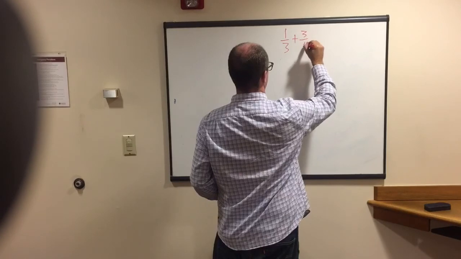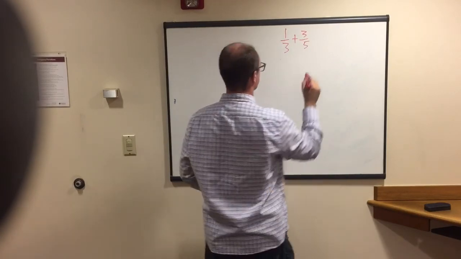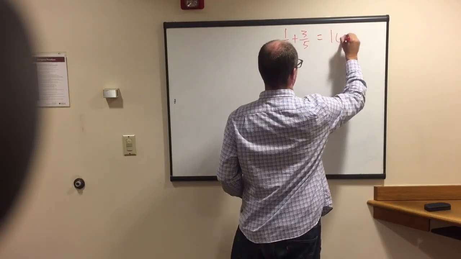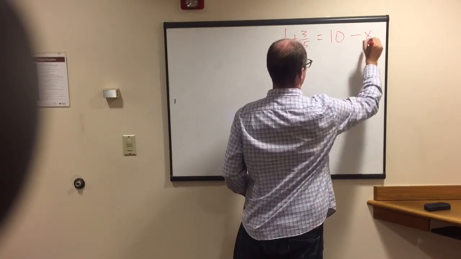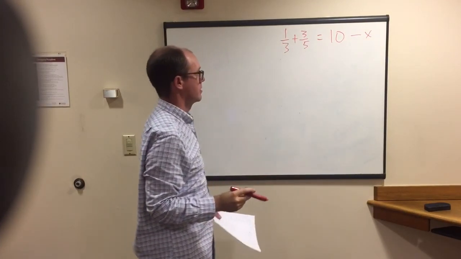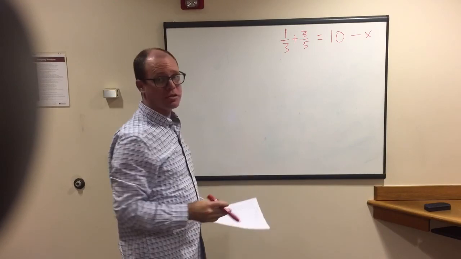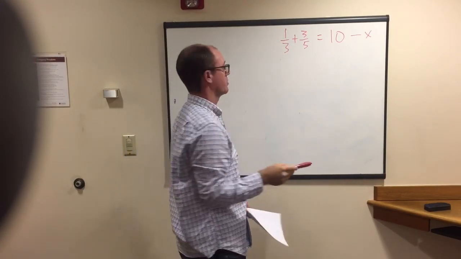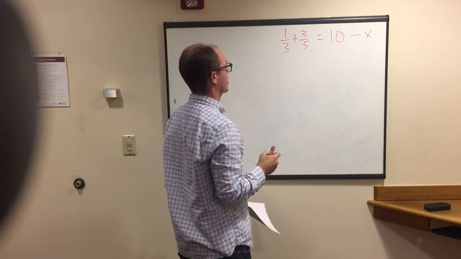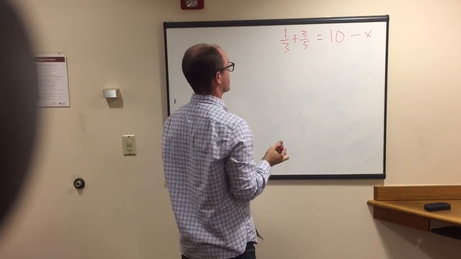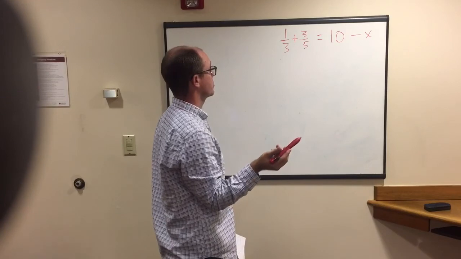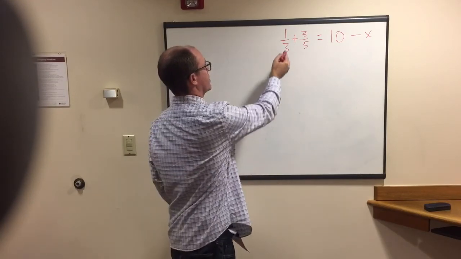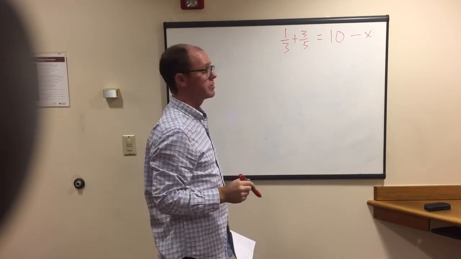Okay, so we have 1/3 plus 3/5 equals 10 minus x. So what do we do here? First thing, we need to get the common denominator, which is the number on the bottom of these fractions, to be the same. So what we're going to do is have this number at the bottom be 15.